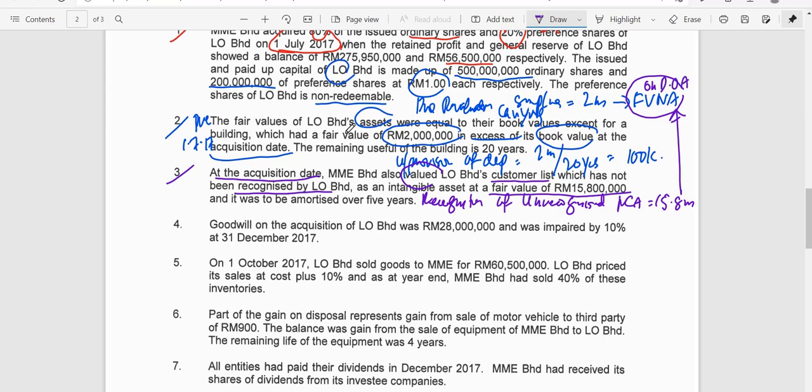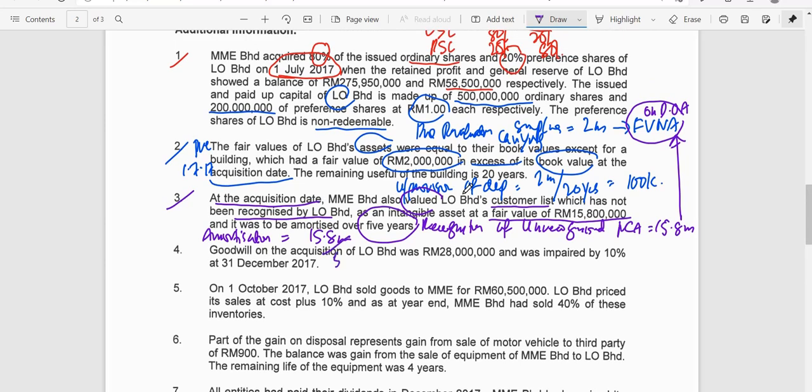At the same time, if you can still recall, for the depreciable asset like building, you have depreciation, but this one is for intangible asset. There is no depreciation, but you will have to go and provide amortization charges. So therefore there is some amortization that need to be provided, which would be 15.8 million, and it was to be amortized over 5 years, so divided by 5.